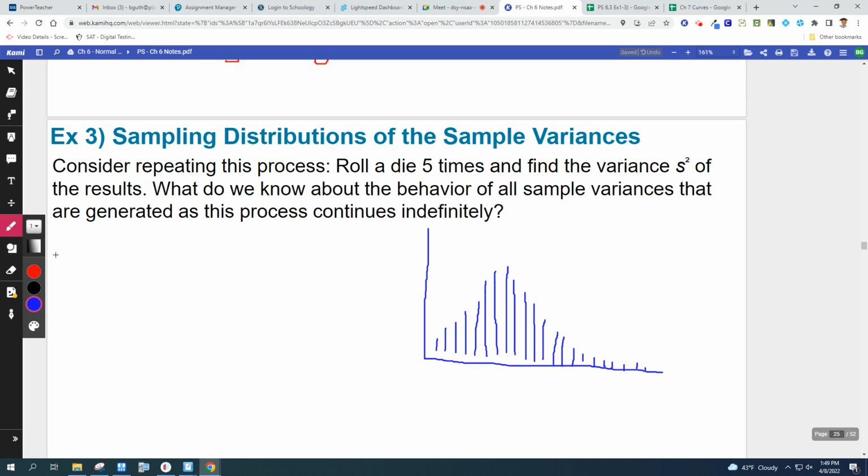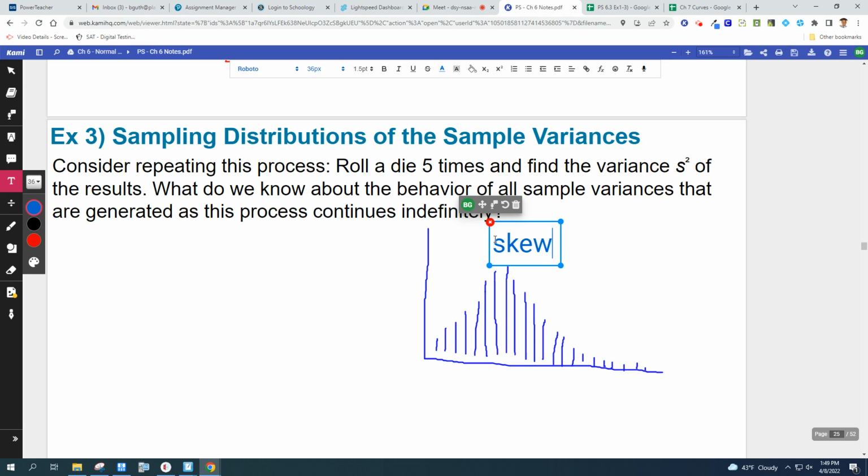It's going to have a right tail, and you're going to say this one is skewed right.